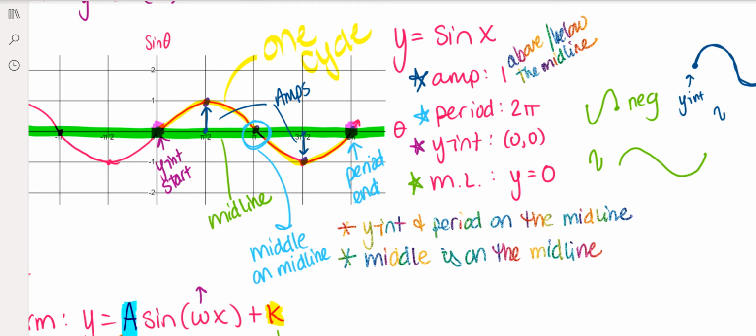Wow, we can pretty quickly get 3 points out of those 5 if we know the y-intercept and we know the period, which we will know. Now let's go back to the amplitudes, the max and the mins. Let's look at those. Where are the amplitudes occurring?